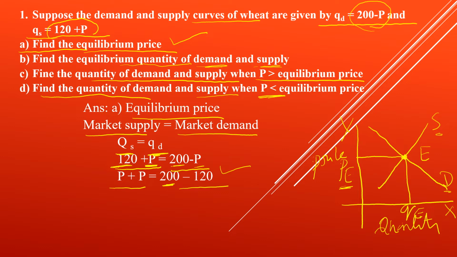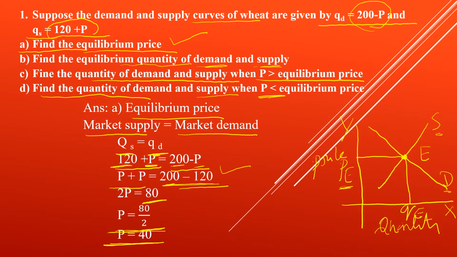So P plus P, you will get 2P, and 200 minus 120, you will get 80. So what will be the answer? P equals 80 divided by 2. It means that price is exactly equal to 40.